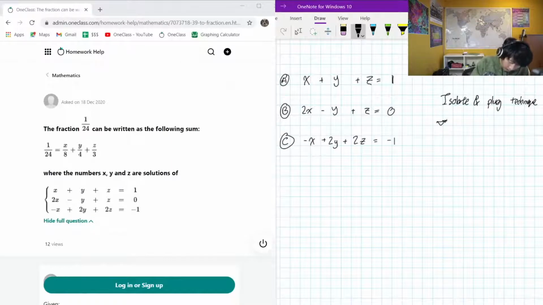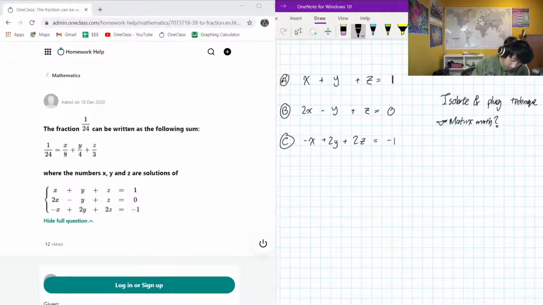Other options include matrix math. Some calculators are even powerful enough to do this matrix math for you, but that gets a little bit more difficult and more delicate, but this isolate and plug technique that I'm about to use should be fairly straightforward.